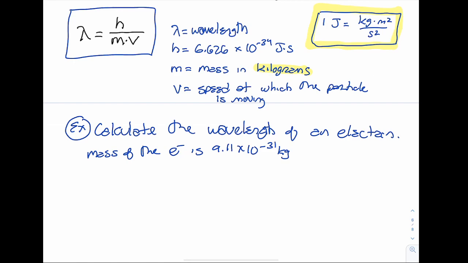If it wasn't in kilograms, we would need to convert it. And then its velocity or its speed is 5.31 times 10 to the 6th meters per second.